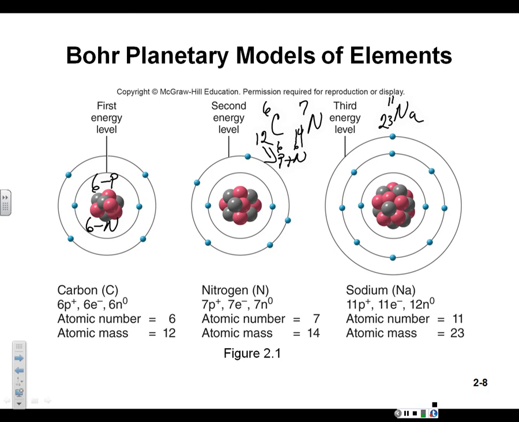Alright. How many electrons does carbon have? 6. Because we said the number of protons, remember, the atomic number equals the number of protons, and they equal the number of electrons.